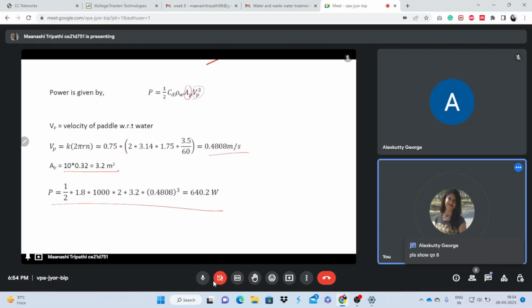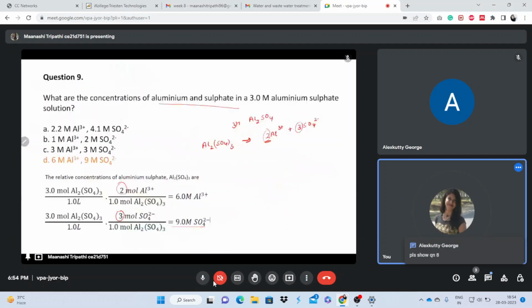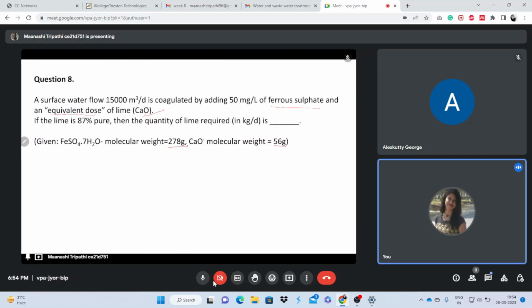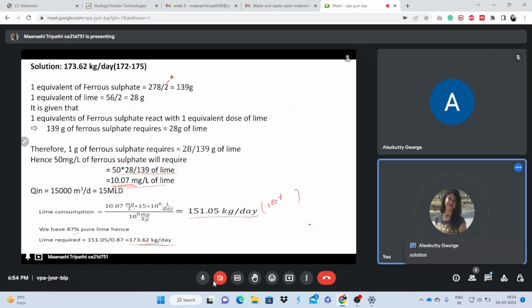Okay, I'll show question number 8. So this is question number 8. Do you want to see the solution or just the question? Okay, so here it is.